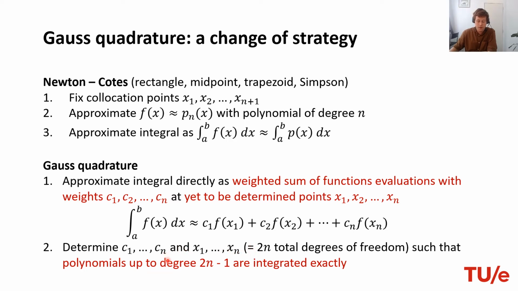What we do is state some rules that we want to integrate polynomials up to a degree as high as possible. And using n points, this means that we will have as many degrees of freedom such that we will be able to integrate polynomials up to a degree of 2n minus 1 exactly. And we will see how this works in the next slides.